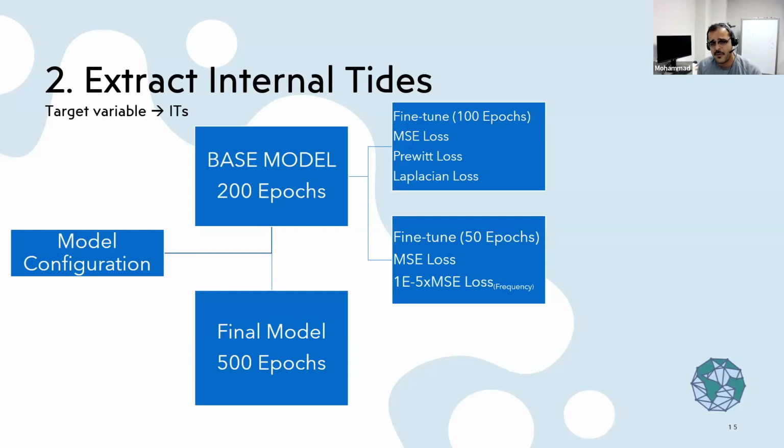In the second variant, the trained model was fine-tuned for 50 epochs using mean square error loss functions on both spatial and frequency domain. And as a third variant, the model was trained for 500 epochs from scratch.